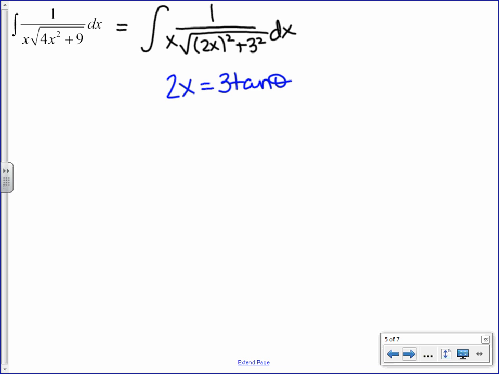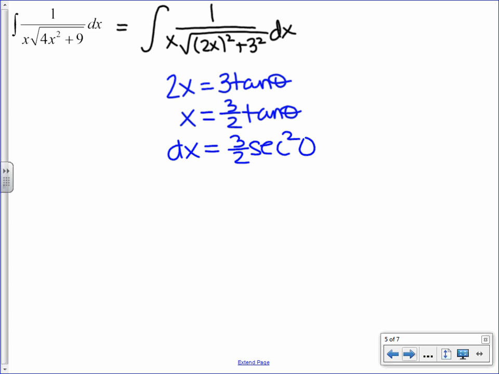Okay? Which means x is 3/2 tangent theta. So in turn dx is 3/2 secant squared theta d theta. Draw your triangle.